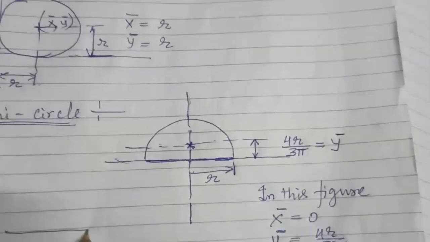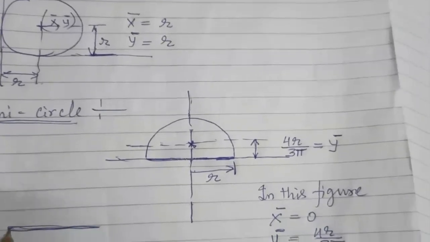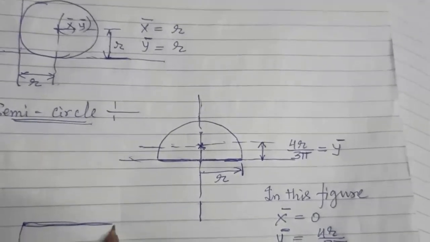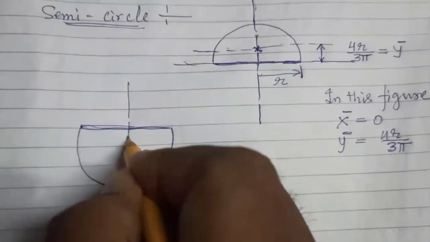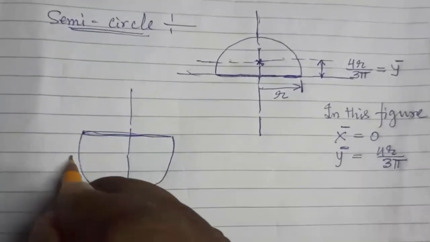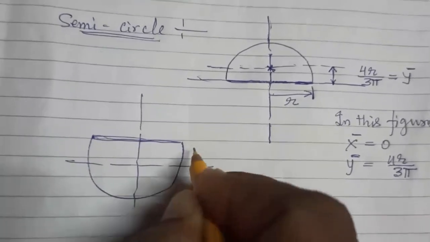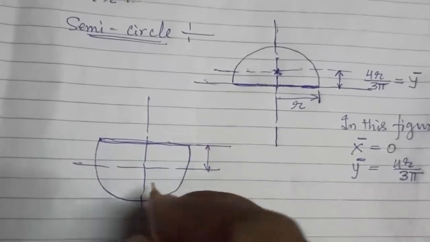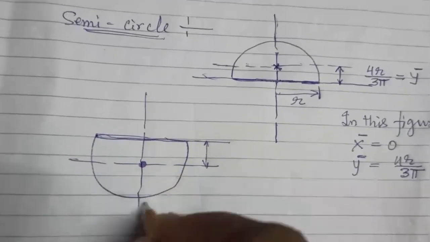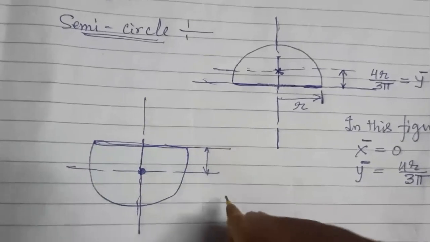Okay. Now, if the figure is like this, then the centroid is this. This is the line of symmetry.